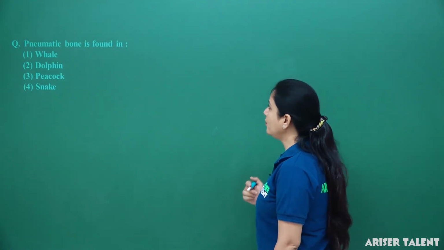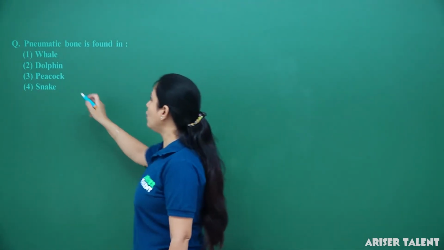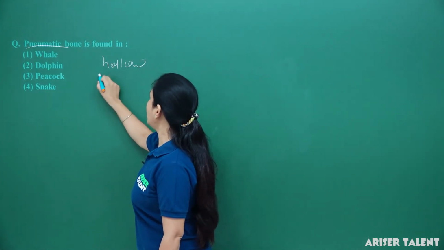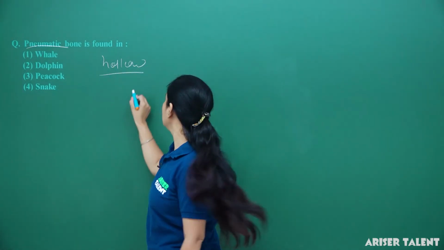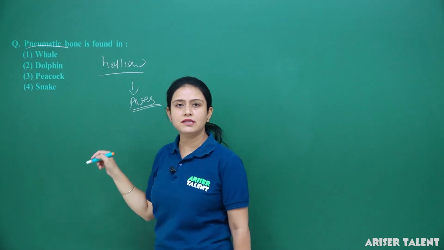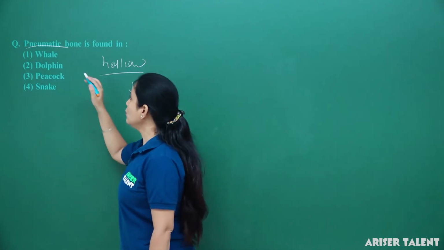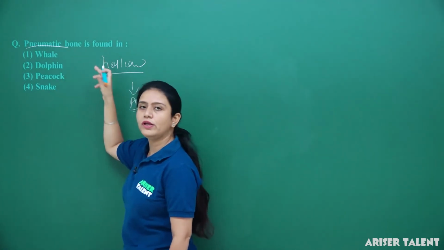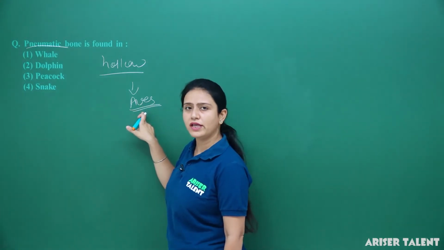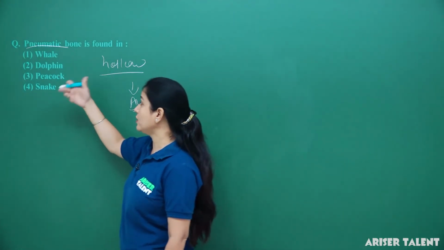Next is, pneumatic bone is found in. We all know pneumatic bone means hollow bone, and hollow bones are generally found in the aves, the organisms of aves, meaning birds only. So here, what is a bird?